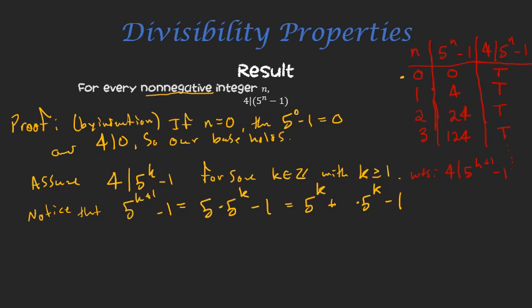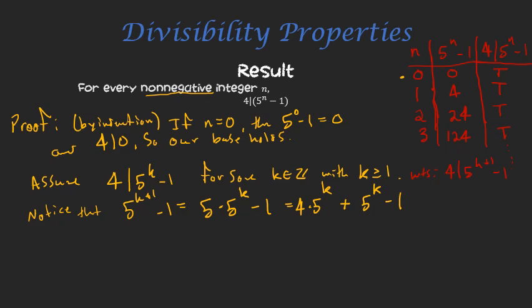So I'd like to have 5 to the k minus 1 written somewhere over here. I'm splitting up my 5 to the k into 2 groups, 4 of them and then 1 of them. So let me rewrite this whole line: 4 times 5 to the k, plus 5 to the k minus 1. All I did was split up the 5 to the k.